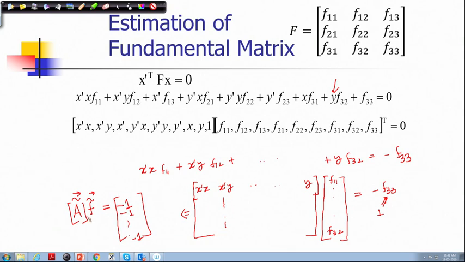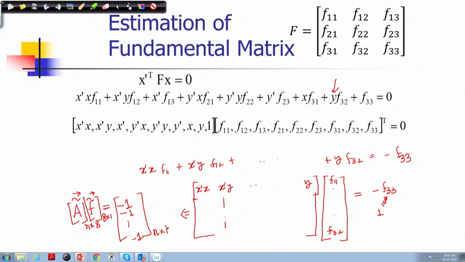So, the dimension of this should be n cross 8. The dimension of this vector would be 8 cross 1, because there are 8 unknowns, and this is n cross 1. So, applying the solution for system of non-homogeneous equations, you can perform the least square estimate.